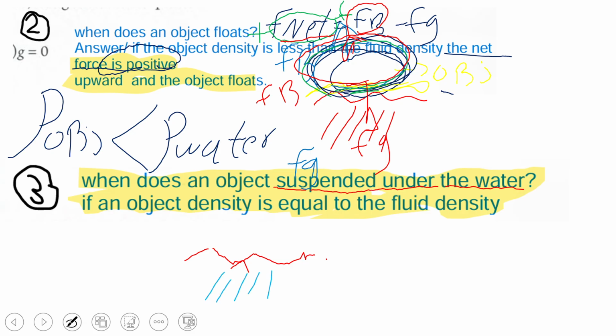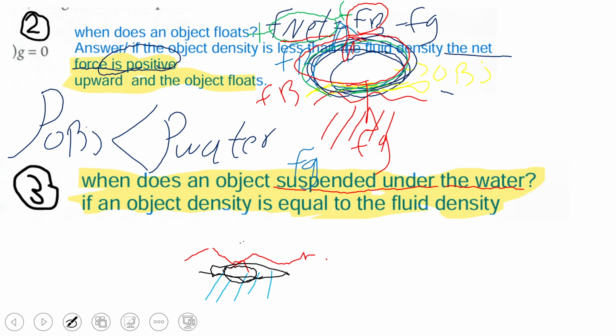The object is not totally over the surface and does not totally go under the water. The object is staying in the middle of the water in here. So in that case, actually we don't know whether the object sinks under the water or is on the surface. We don't know. The object is suspended, stuck in the middle of the water.